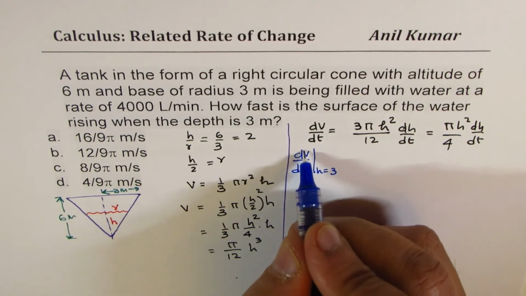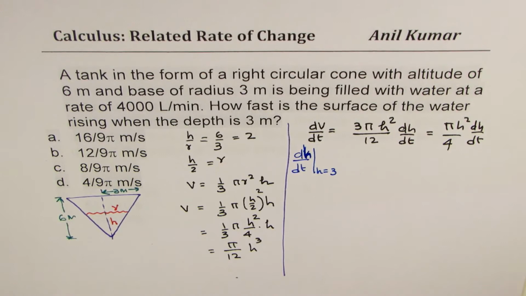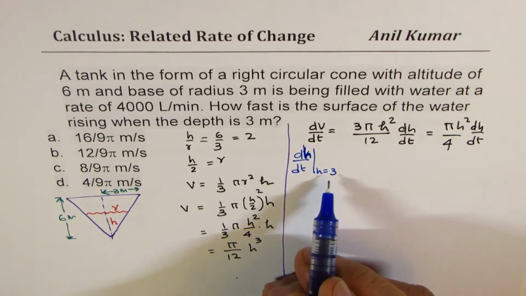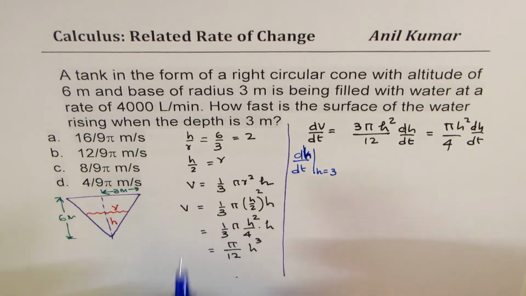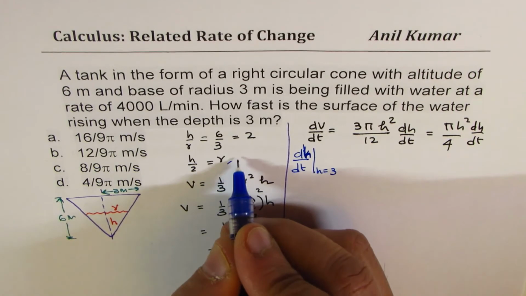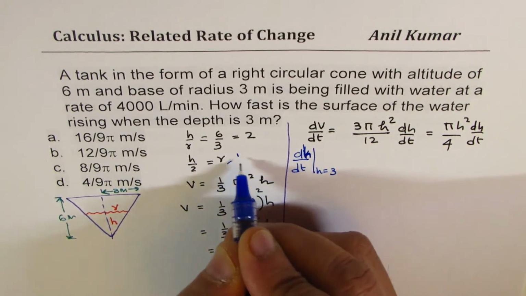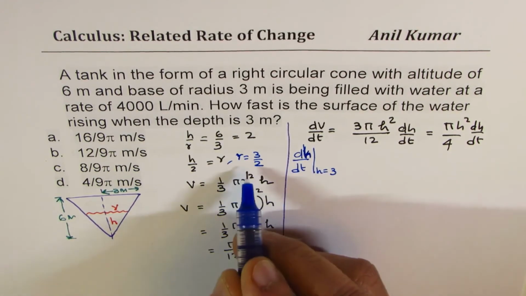We need to find dh/dt, the rate of change of height, when the height is 3 meters. So at that time, what is r equal to? If height equals 3, then radius is equal to 3 by 2. Is it okay?